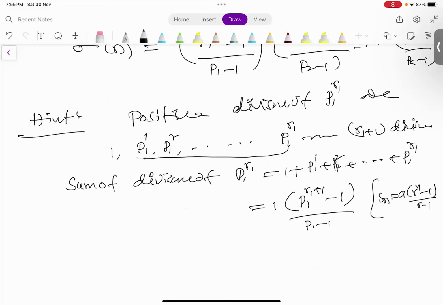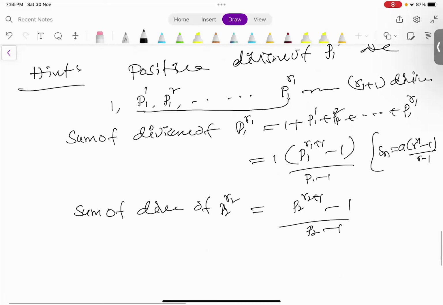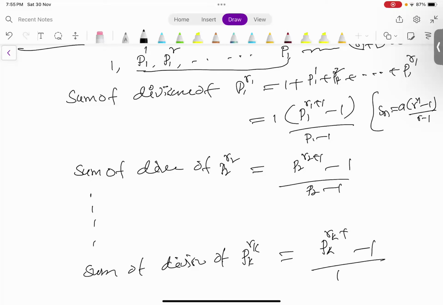Similarly for p2, the sum of divisors of p2 power r2, the same idea, is p2 power r2 plus 1 minus 1 by p2 minus 1. Similarly, the sum of divisors of pk power rk is pk power rk plus 1 minus 1 by pk minus 1.